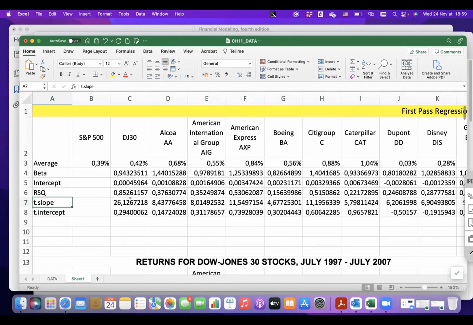If your estimates, the T slope, for example, here we have 26.126, which is highly more than 1.96. This means that the beta here, 0.94, is significantly different from zero, and because here it is also higher than 2.16, there's only 1% chance that our results are false, and 99% that our results are true.